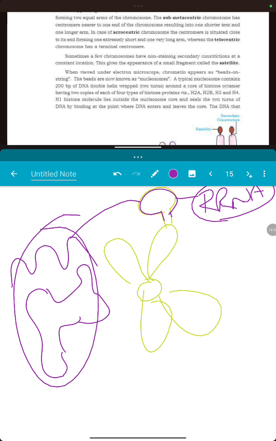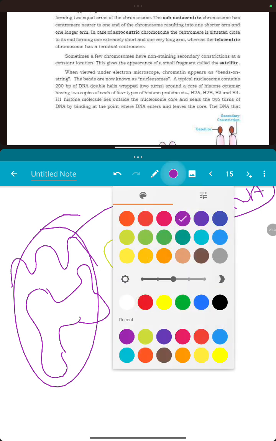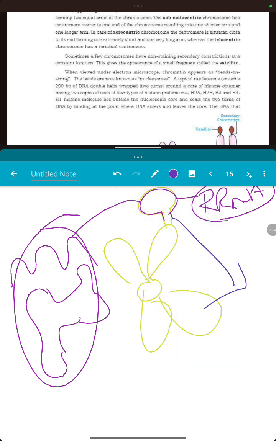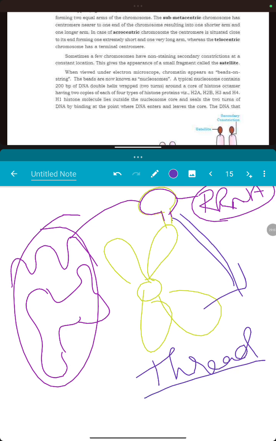This is the site called the satellite. Actually it is a staining body, but it is mentioned as non-staining because at this position it looked like a thread-like structure, so it is known as non-stain.